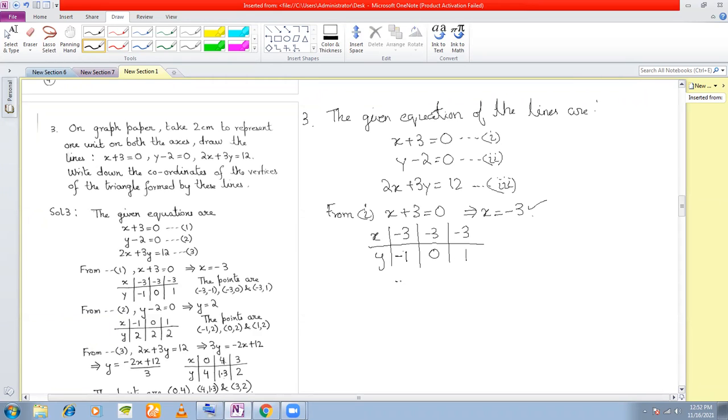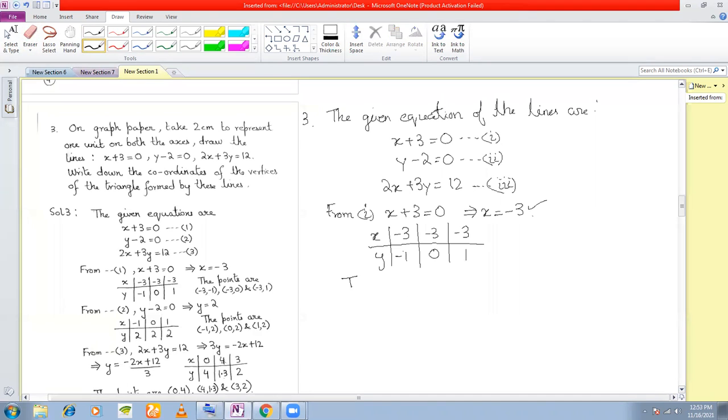You can take minus 2, 3, 4, minus 5, any value that you can think of. I prefer the values minus 1, 0, 1 because they are very convenient to plot. Is this clear?